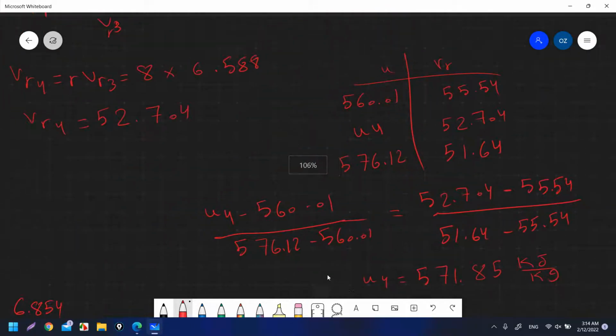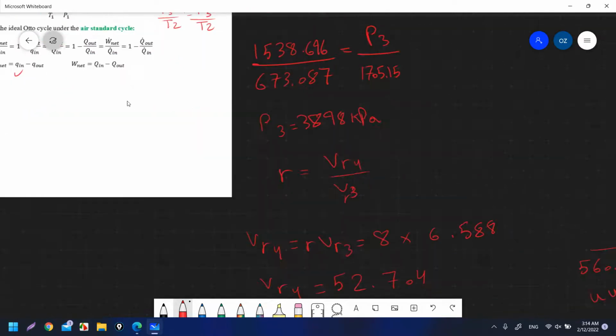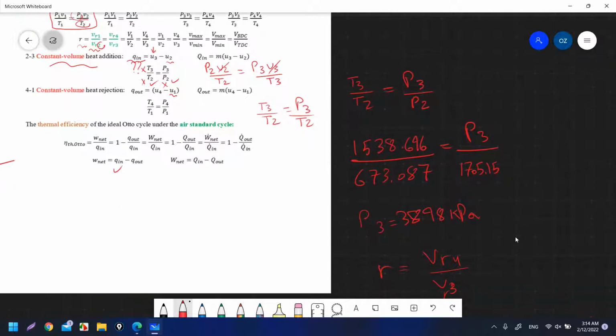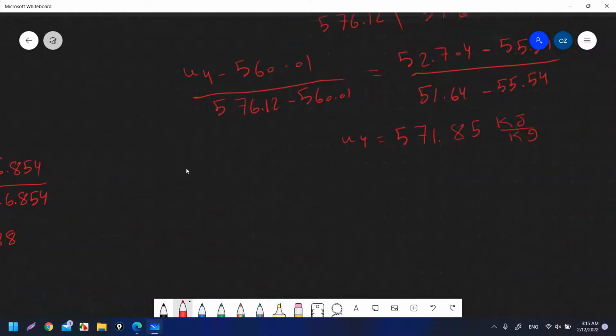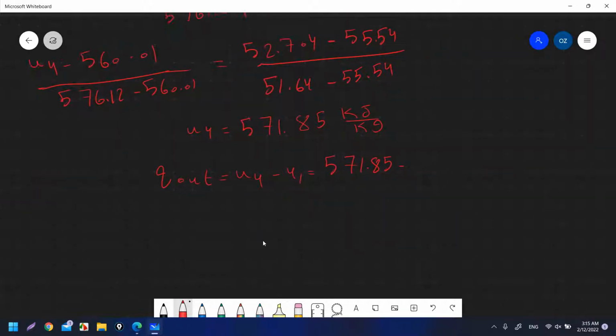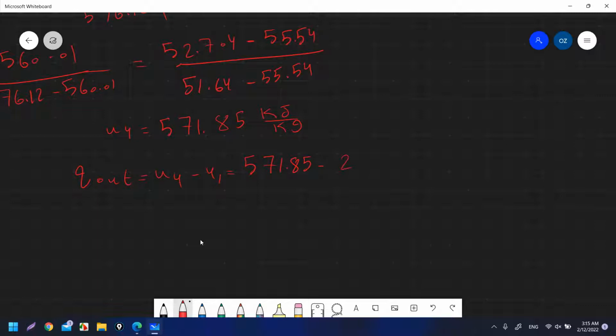Now I can find Q out. That is the reason I need U4, so I can find Q out, and from Q out, and since I have Q in, I can calculate W net, and that is for part B. So Q out is equal to U4 minus U1, equal to 571.85 minus 214.07, and Q out is 357.78 kilojoule per kilogram.